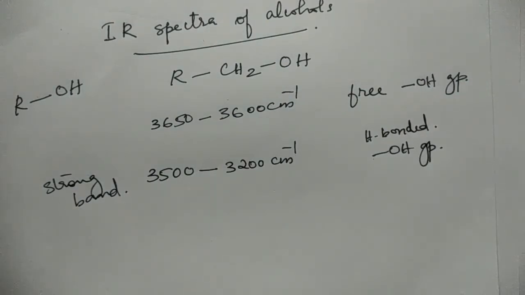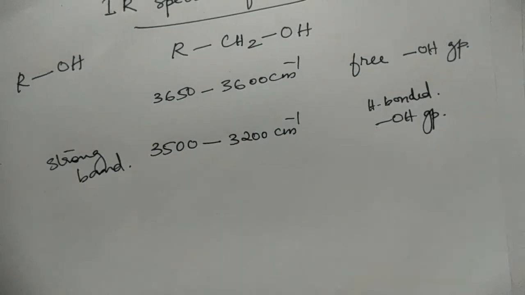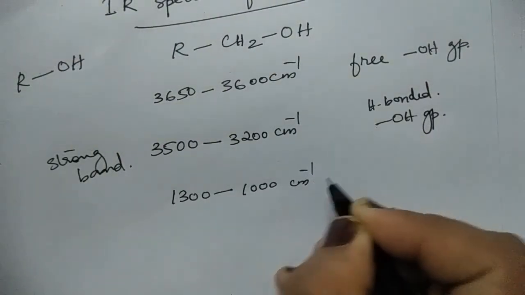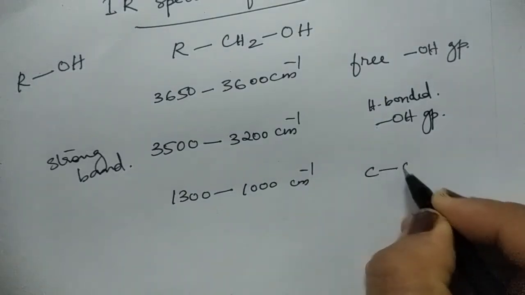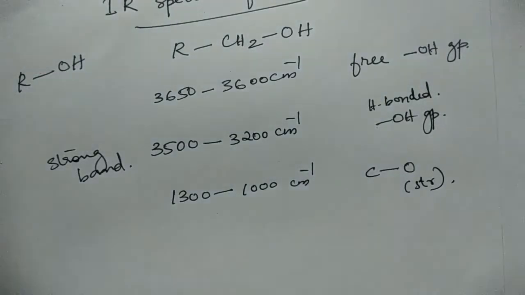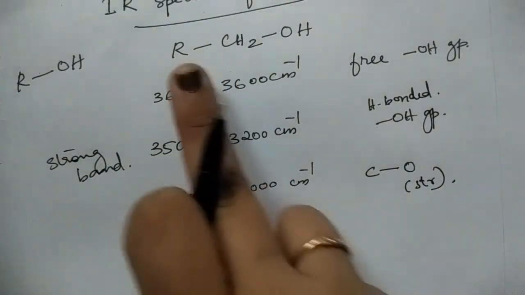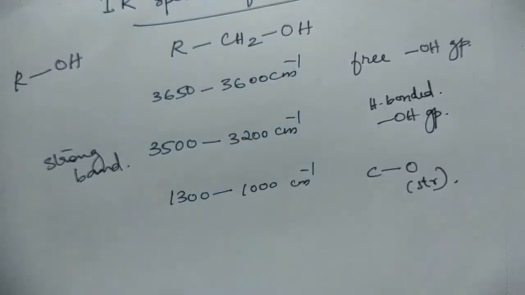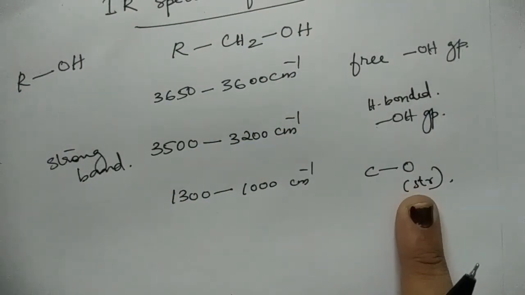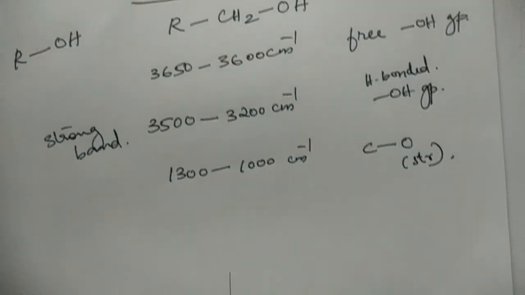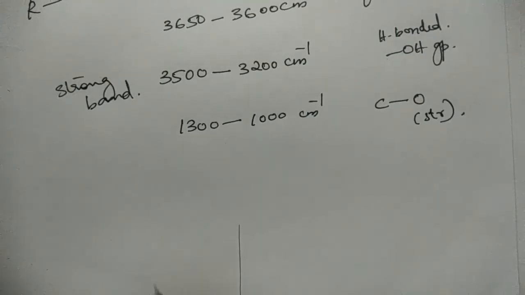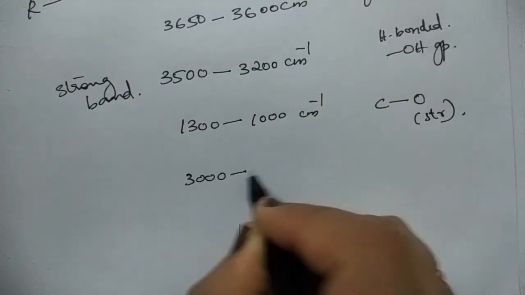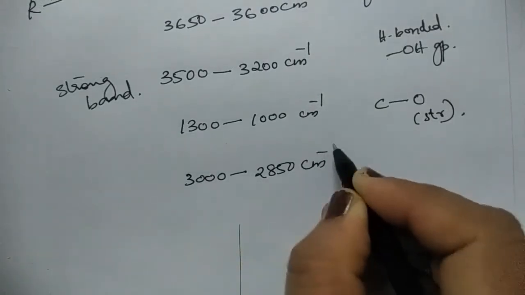And then suppose you get a value around 1300 to 1000 per centimeter. That represents the CO stretching vibration, since ROH means there is a bond between carbon and oxygen. And suppose you have a value around 3000 to 2850 per centimeter.